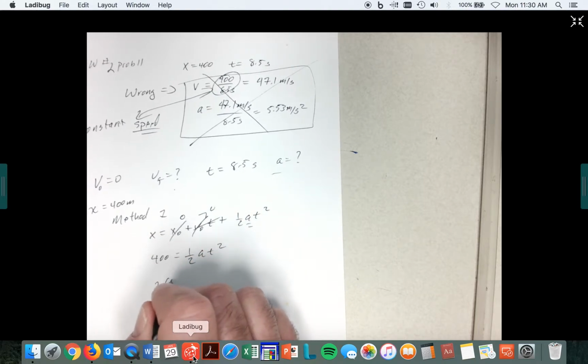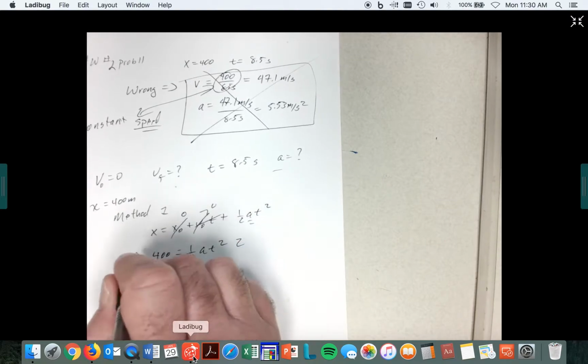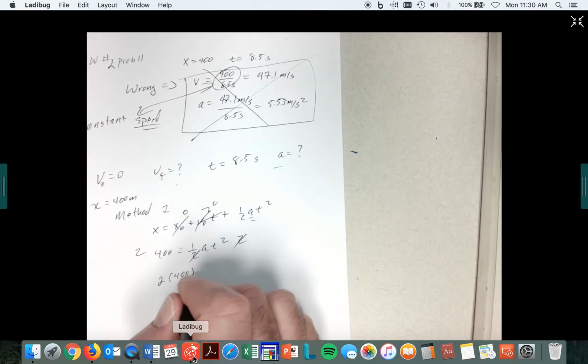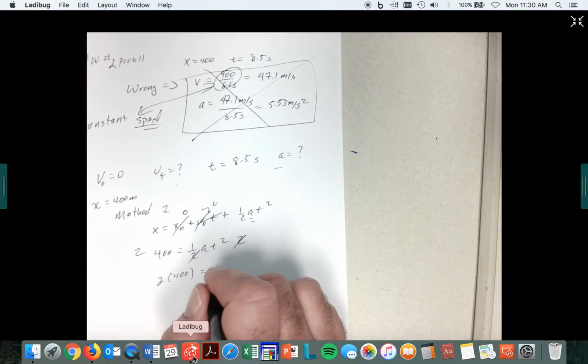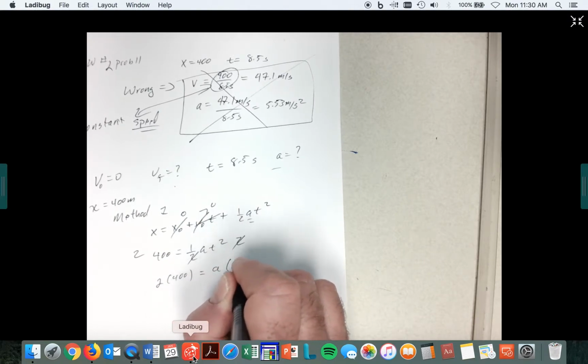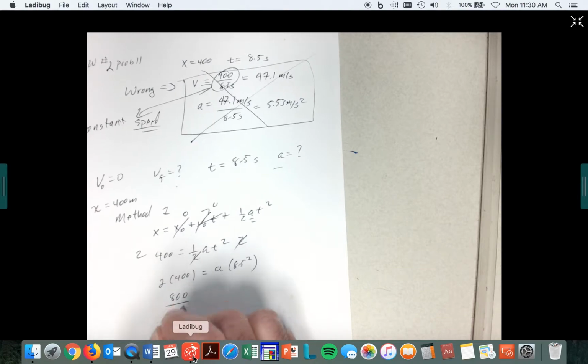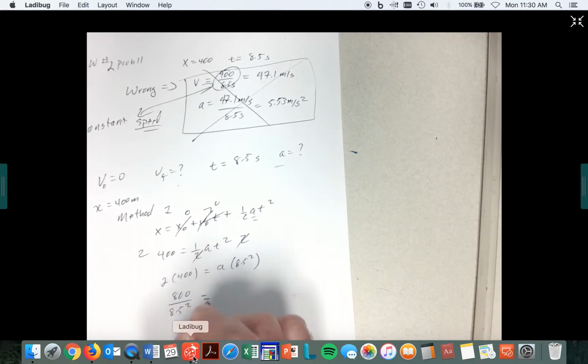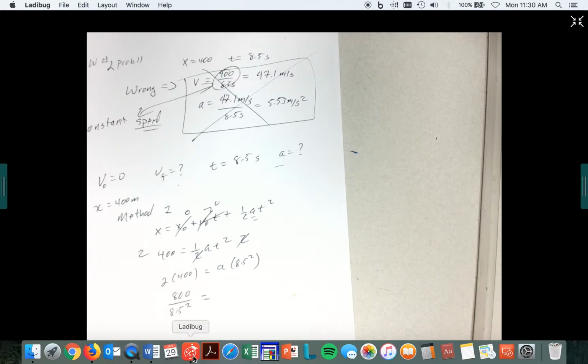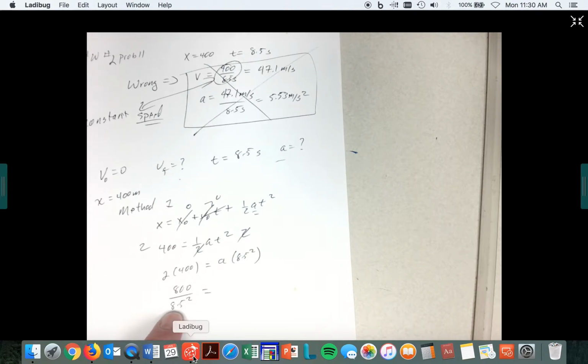Multiply both sides by 2: 2 times 400 is equal to a times 8.5 squared. So I get 800 divided by 8.5 squared. 8.5 squared is bigger than 64 and less than 81, right around 72.25.